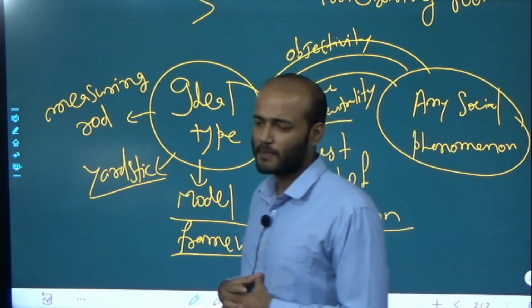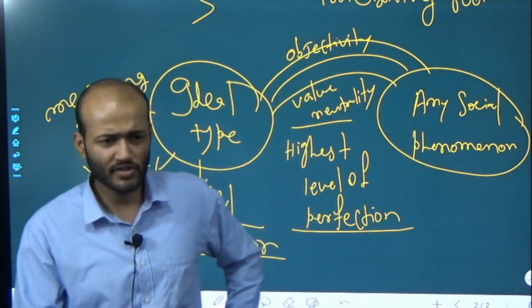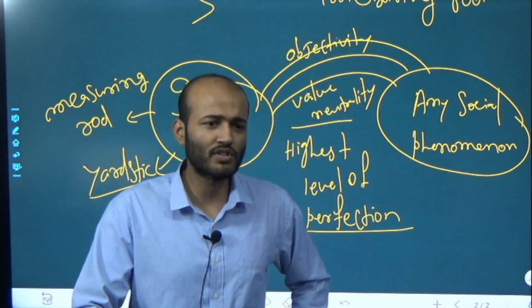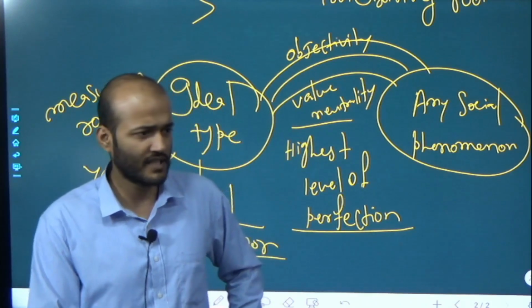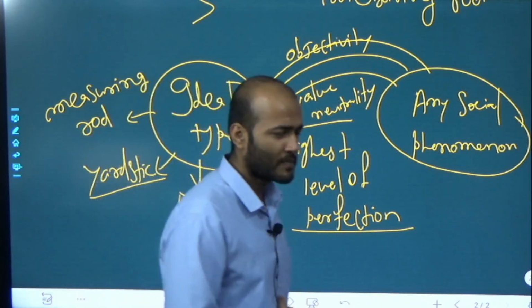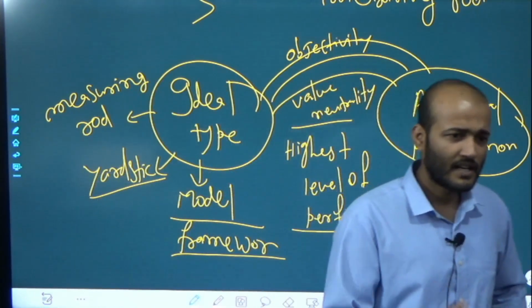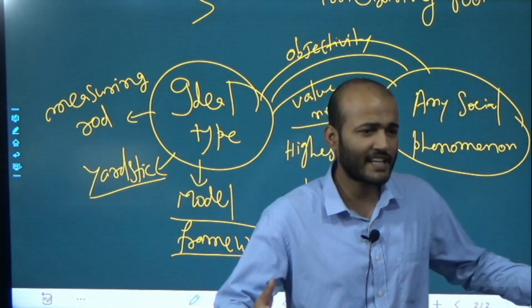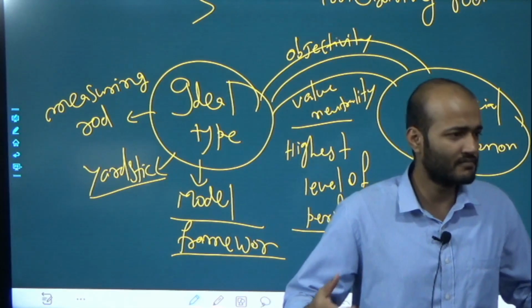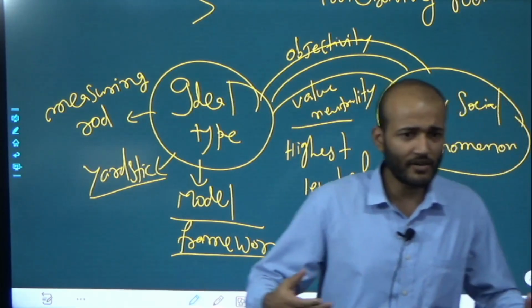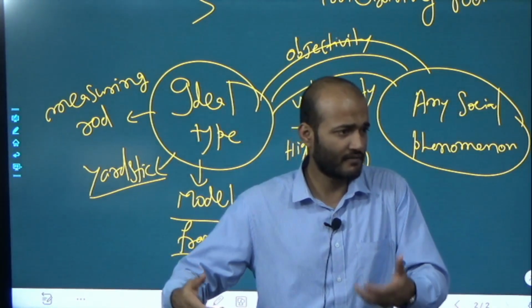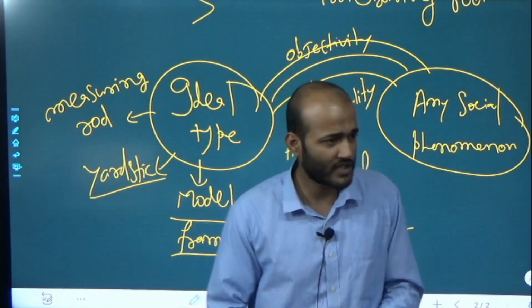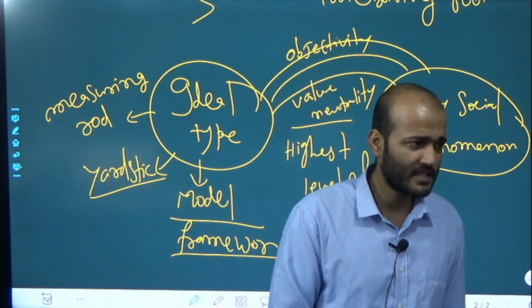Another form of ideal type is the general sociological or action kind of explanation of ideal type, like the bureaucratic system or democracy. That is an actionable kind of ideal type. It means how democracy is acting. What is the condition of democracy? What is the condition of bureaucracy in any country?